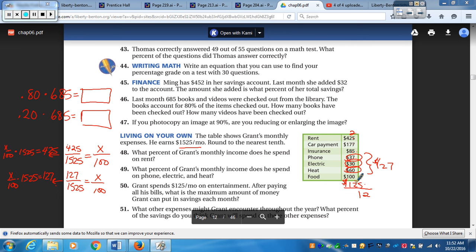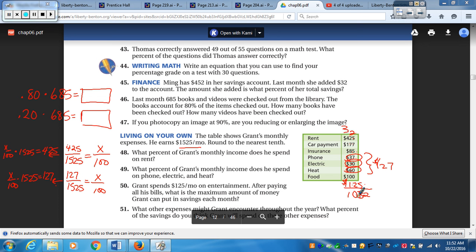Let me double check this here. 2, 4, 11, 19, 22, 25, 31. I take that back, 33. Okay. 7, 8, 9, 10. So $1,032 were totally spent there.